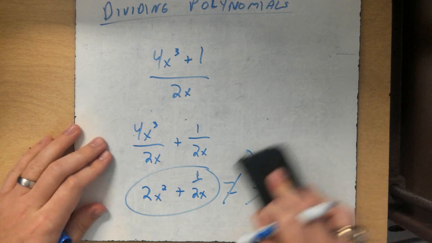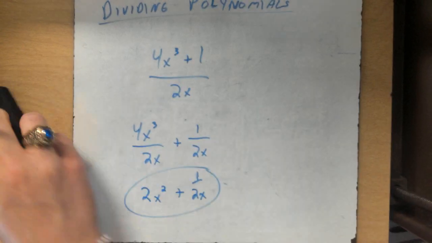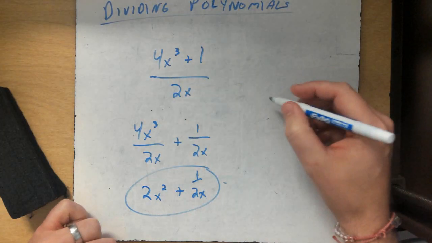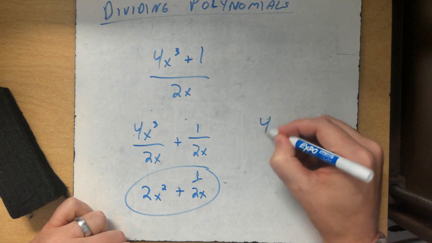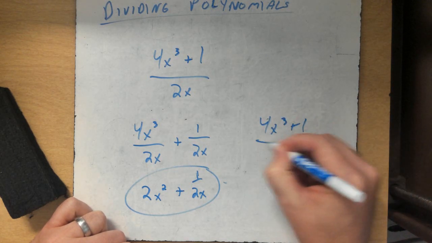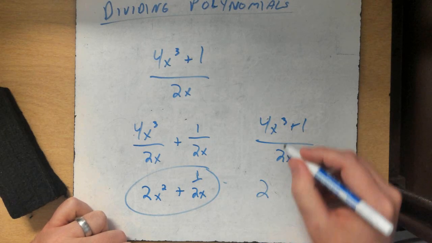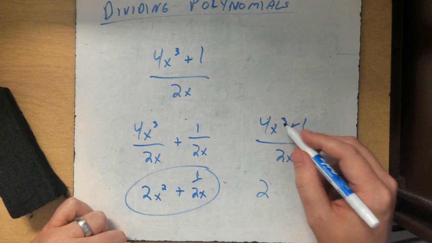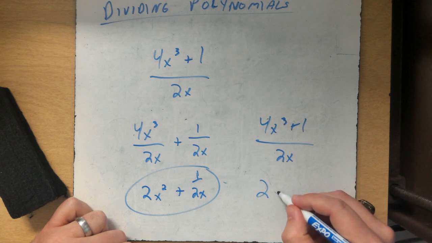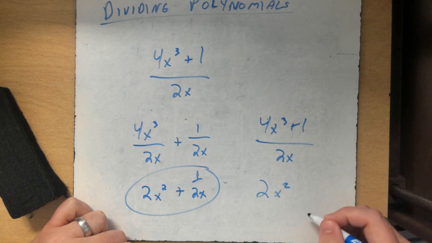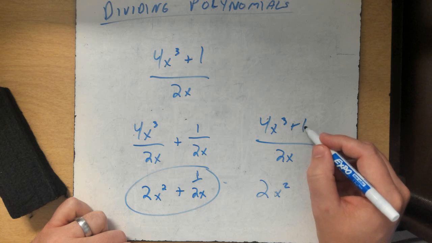And to show you how it works out, keeping them together, okay? If we keep them together as such, so we keep it as 4x to the third plus 1 over 2x. Once again, 4 divided by 2 is 2. X to the third divided by x would be x squared. And then this side we have 1 over 2x.